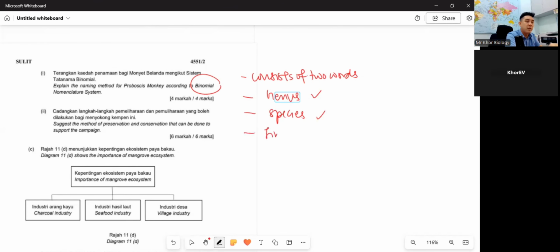And the first alphabet of genus is a capital letter, huruf besar.